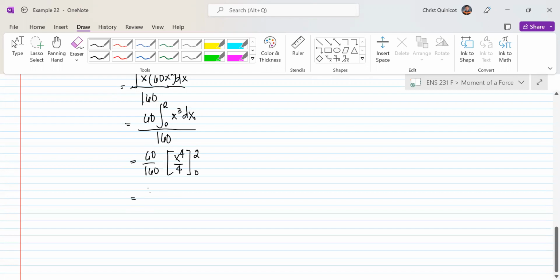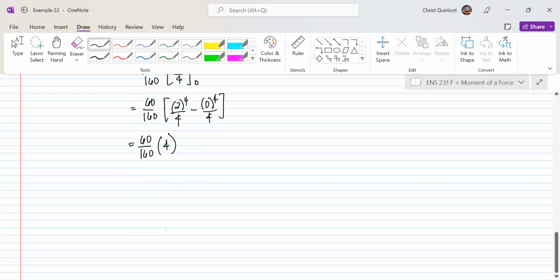So this is equal to 60 over 160 times 2 to the fourth over 4 minus 0 to the fourth over 4, right? And this is equal to 60 over 160 times 2 to the fourth is 16 divided by 4, that's 4. 4 minus 0 is 4.